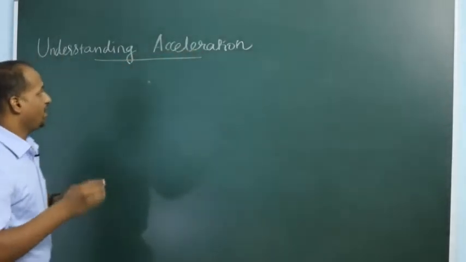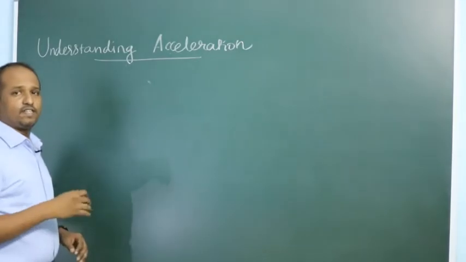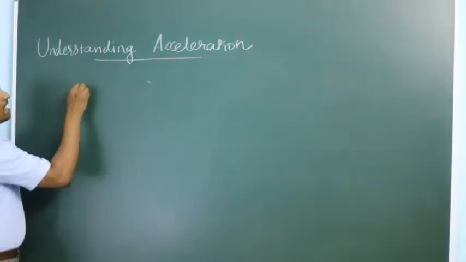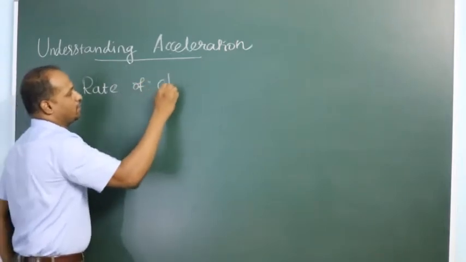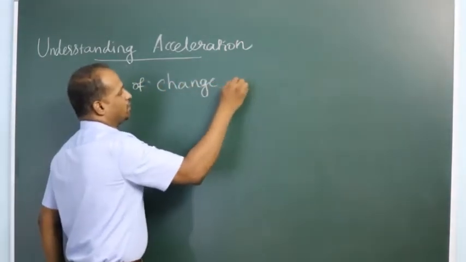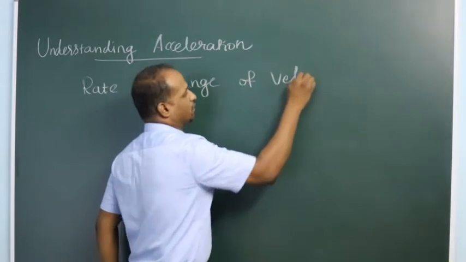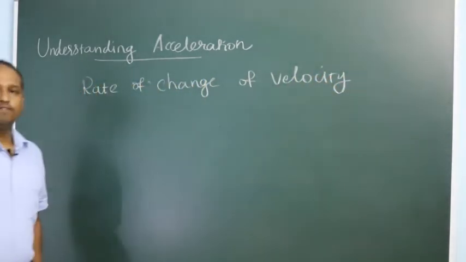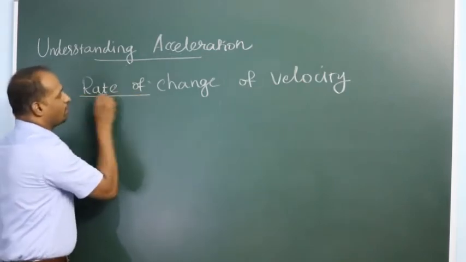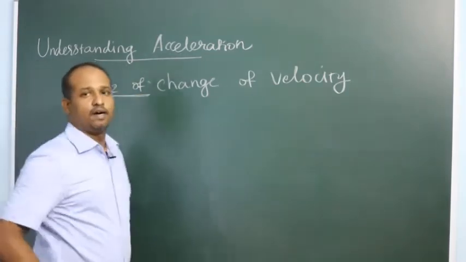Generally, you will find this definition in most of the textbooks: acceleration is rate of change of velocity. So what is rate of change of velocity? There is a word before that.